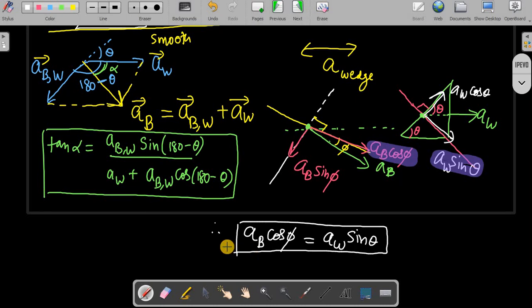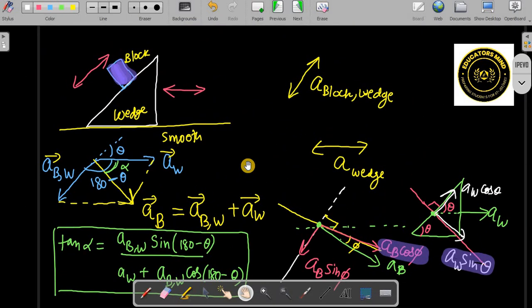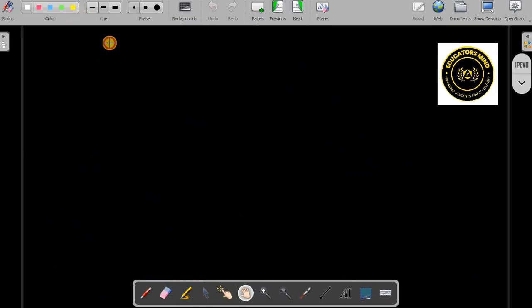This is a very important thing. This is the wedge relation, the constraint equation. You can see this is a constraint equation which gives a relationship between accelerations. That's the important thing. Then we'll go to see some other type of constraint also.